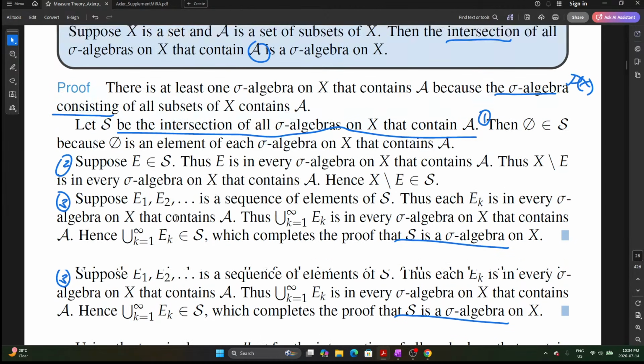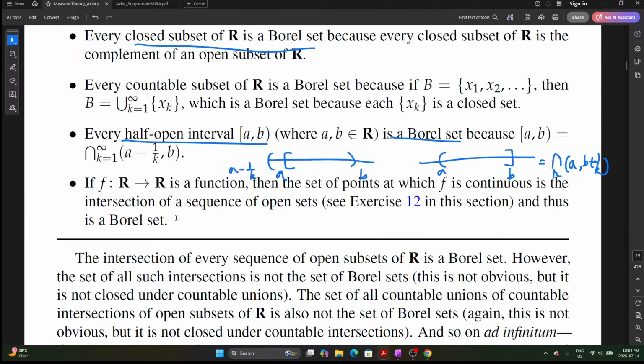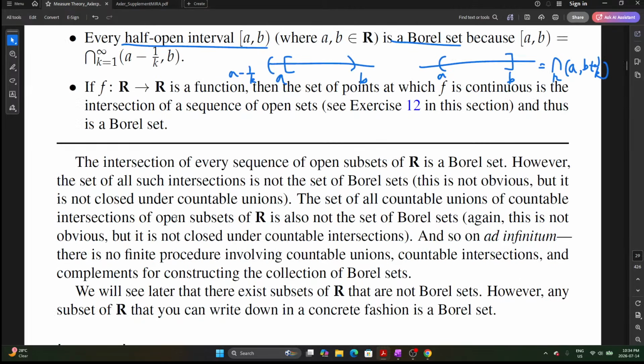But it turns out that for the Borel sigma algebra, you cannot even give a constructive procedure, in the sense that there is no finite procedure including countable union, countable intersection, and so on, to construct the collection of Borel sets.